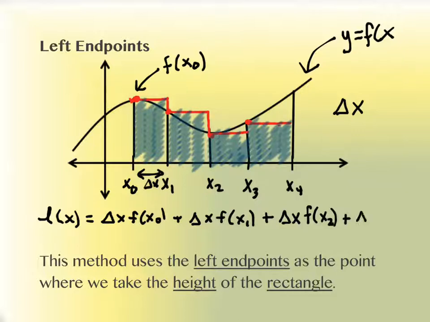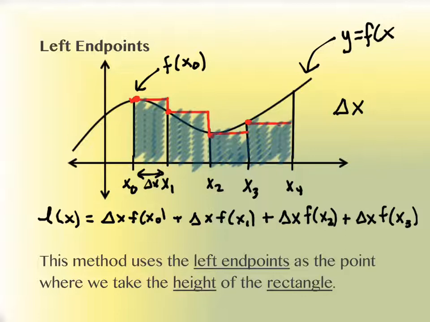Fourth rectangle, same base. What's its height? f of x3. So what should you notice? Well, you should notice that the x4 value didn't get used as a height of any rectangle in this one, right? Because it isn't a leftmost endpoint of any of these rectangles.